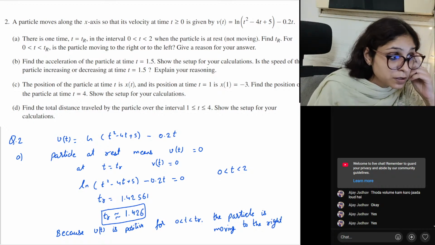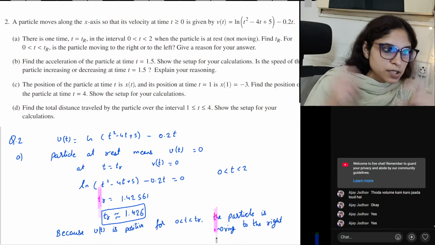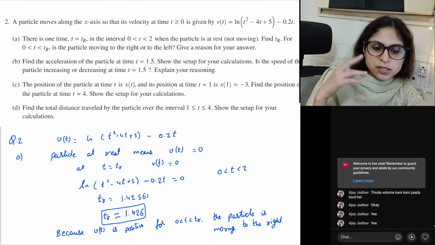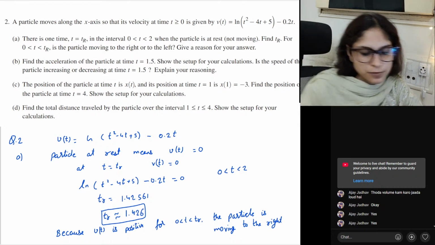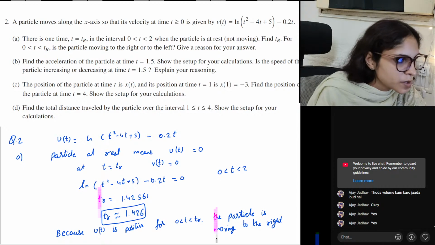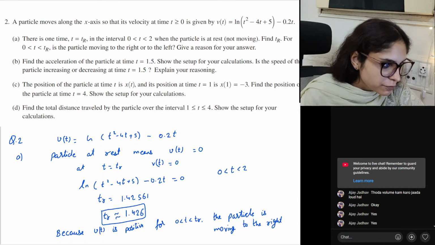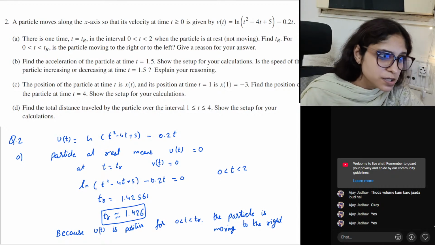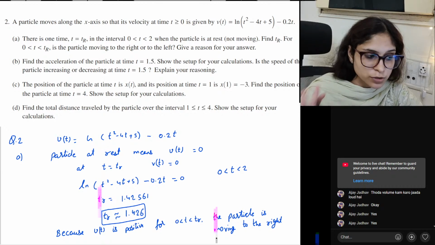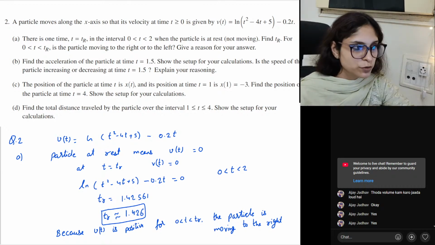All right. Because velocity is positive, the particle is moving to the right because the particle's position is increasing. So that is about part A. You have to give a reason for your answer. So the reason is because velocity is positive, it is moving to the right. If velocity is negative, it will be moving to the left.